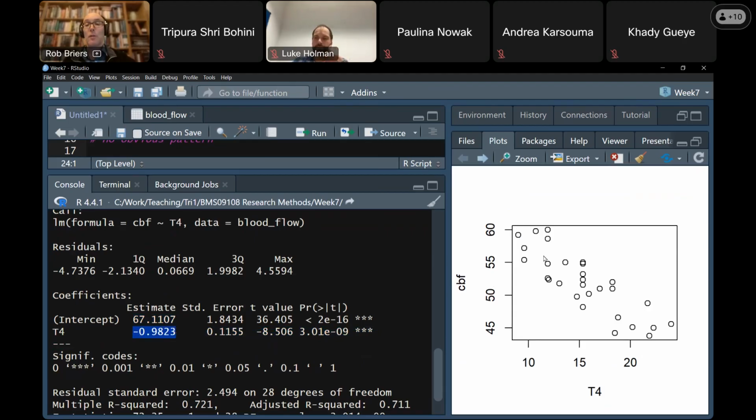So that tells you the sort of rate of change. That slope tells you how much with a 1 unit, so 10 to 11 or 12 to 13, how much this would decrease on average. So that's how to interpret those two values. They are telling you something about the slope and the intercept of the fitted line.